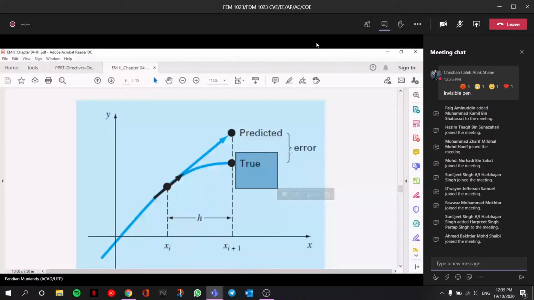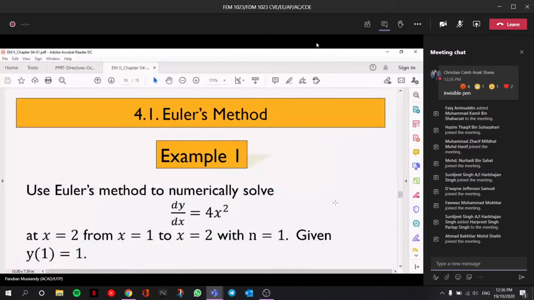You just calculate the predicted one. Maybe in the near future, we can find some problems on how to find the error. Of course, error analysis is a very big study.